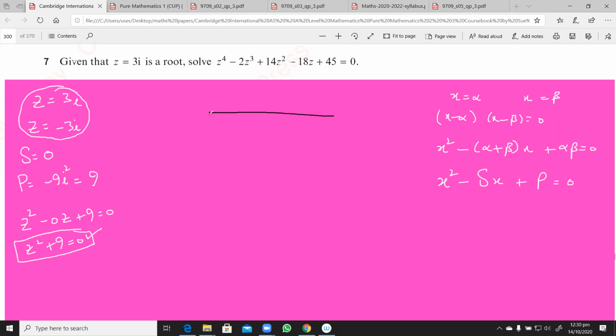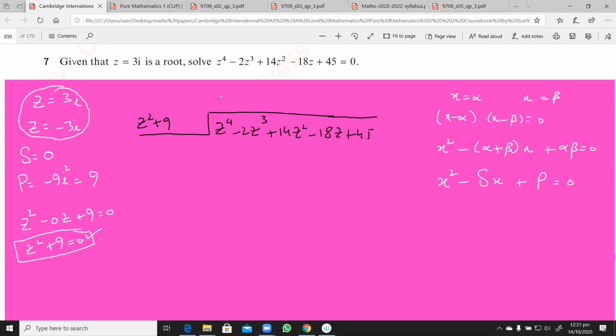We know that this is z raised to the power 4 minus 2z cubed plus 14z squared minus 18z. Could I do the synthetic division over here? Synthetic division is done when you have a linear factor. Here we have z squared plus 9, so make sure that both are written in descending order.